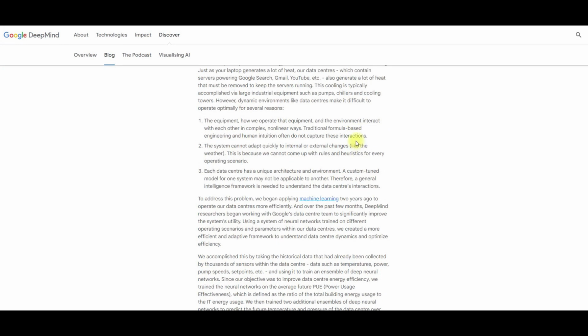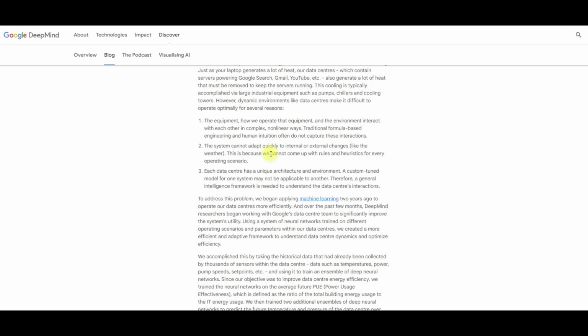As we can see in the text, the key challenge is that data centers using various parts such as chillers and pumps have higher energy consumption demand in order to remove the high amounts of heat generated in the servers as the servers are running.